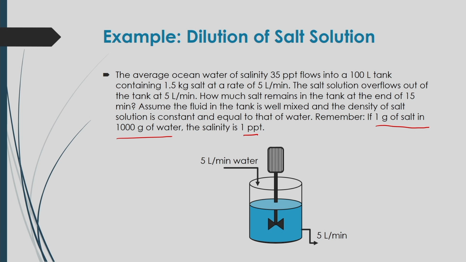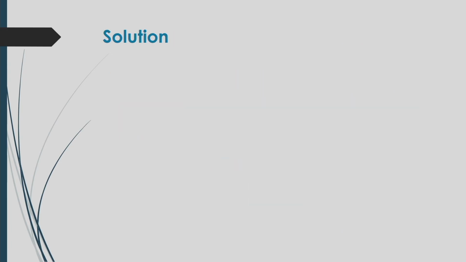The salt solution also overflows out of the tank at 5 liter per minute, so the salt will be leaving from this tank. How much salt will remain in the tank at the end of 15 minutes, that you have to find out. Let us do this problem again as per the unsteady state material balance equation.